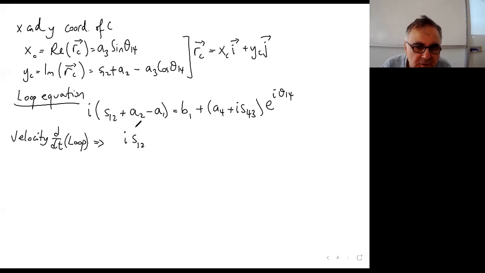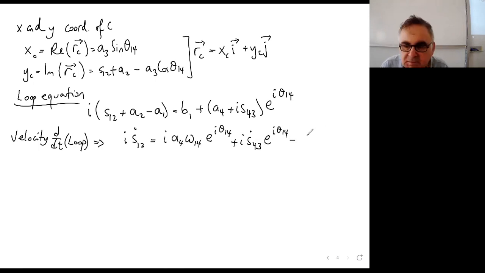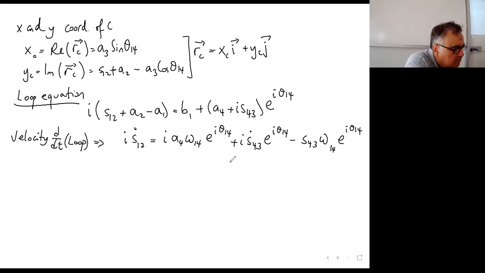the following: i S12 dot is equal to, well, A2, A1, B1 just cancel. i A4 omega 1 4 e to the i theta 1 4 plus i S43 dot e to the i theta 1 4 minus omega 1 4, which we can write as follows. i omega 1 4 parentheses.